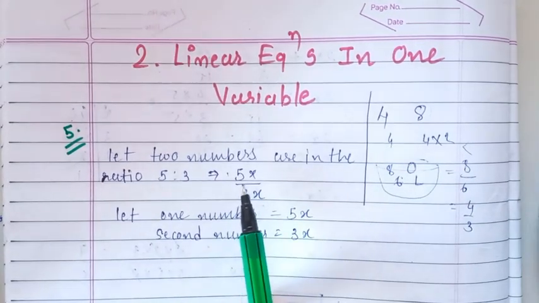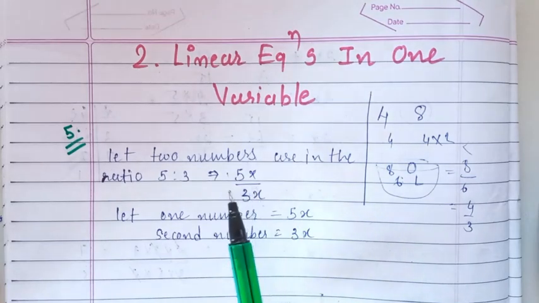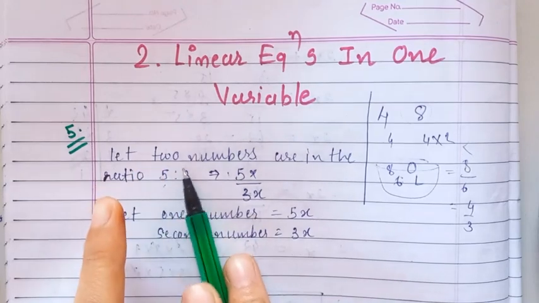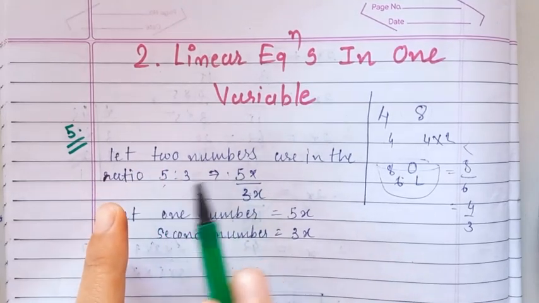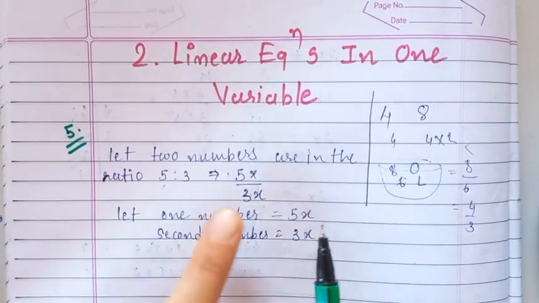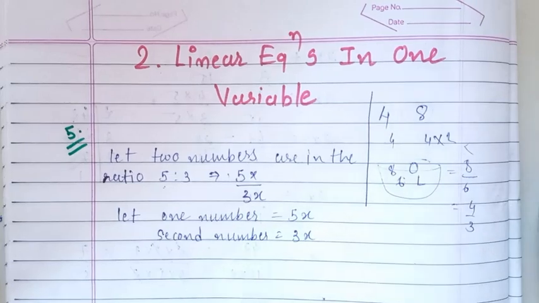Here we have the ratio of numbers, so we multiply x with each: 5x is the first number and 3x is the second number. So now we have two numbers, 5x and 3x.